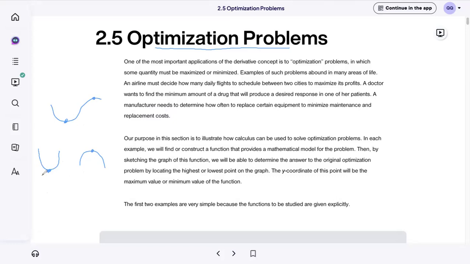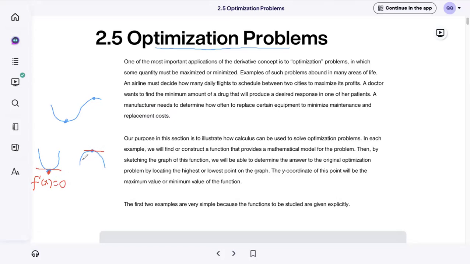What's special about those points? If we draw the tangent line, the tangent line is horizontal, which means the slope of the tangent line is 0, which means the derivative of the function, the blue one, at this typical x value equals 0.